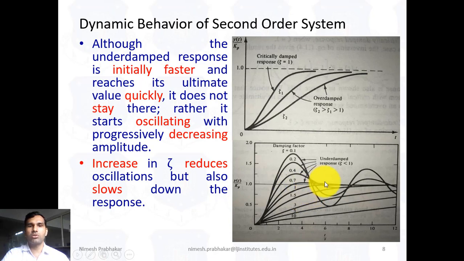But we also see that the response of this system is slower. So in other words, if we increase the value of zeta, that means 0.2, 0.4 and 1, 1.5, the response of this system becomes slower. So this is the dynamic behavior of the second order system.